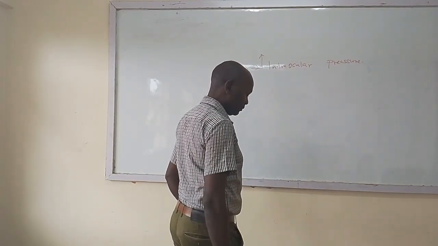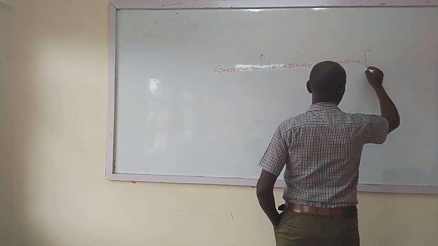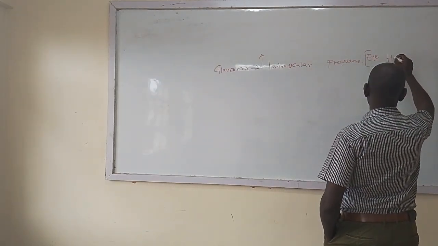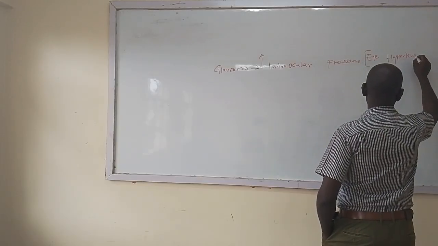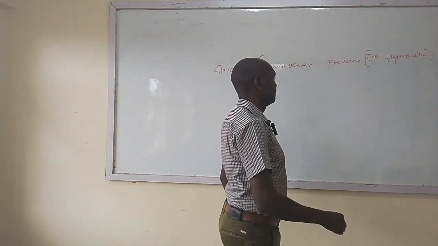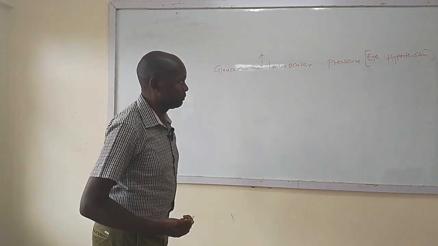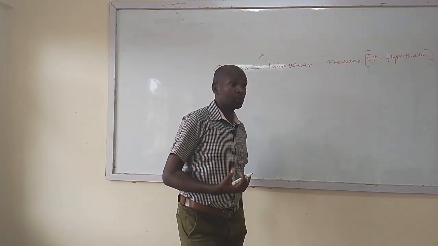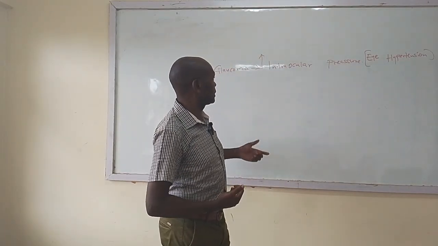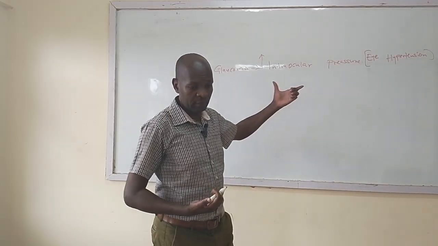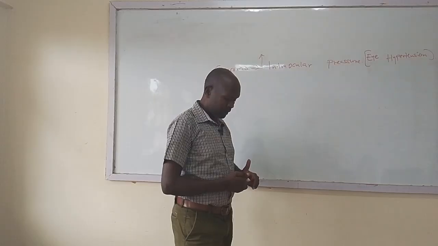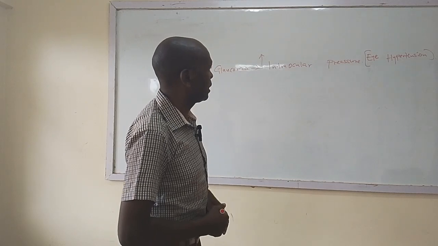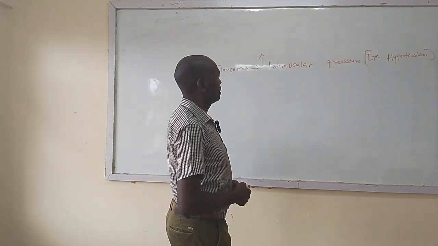Intraocular pressure, you can just in layman's language refer to it as high hypertension. Just the way we normally talk about the normal blood pressure, the eye also has what we refer to as its pressures. So we shall be looking at what it entails and how it is produced and how it comes about.